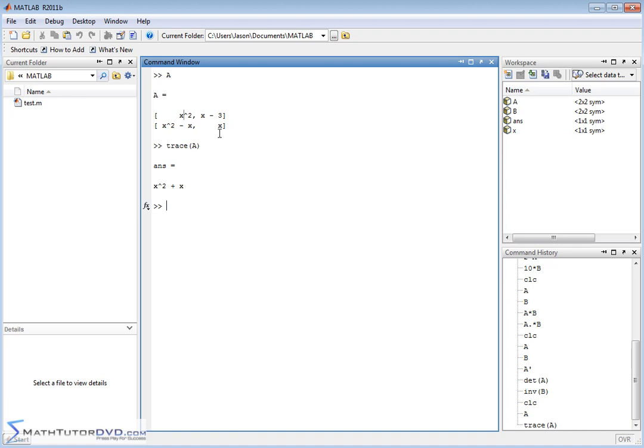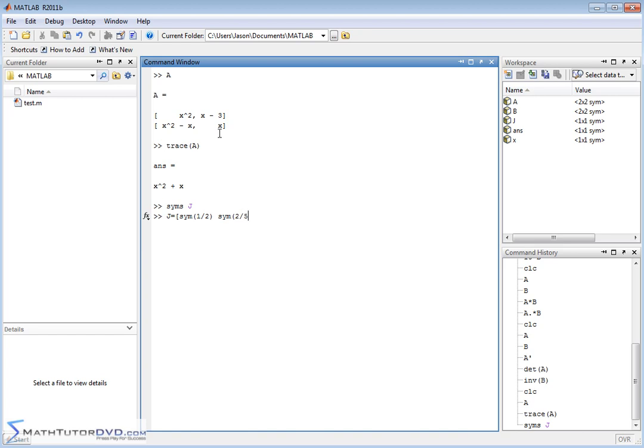So for instance, let me just do it like this. We'll do matrix J for Jason, right? We'll say matrix J equals sym, and we'll create a symbolic matrix there. The first row is symbol 1/2, symbol 2/5.